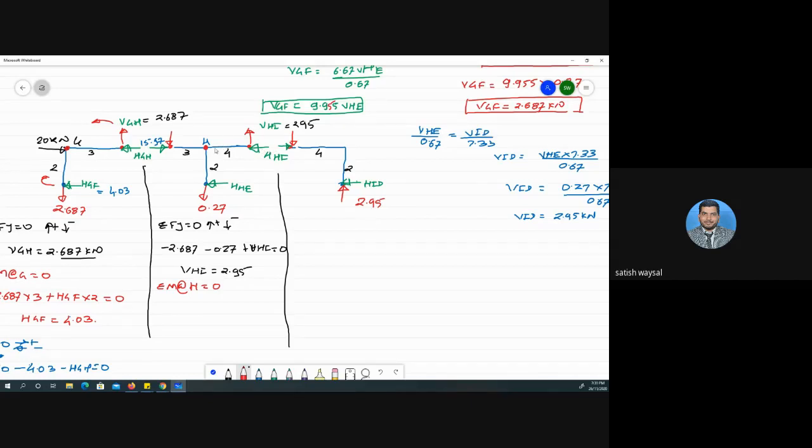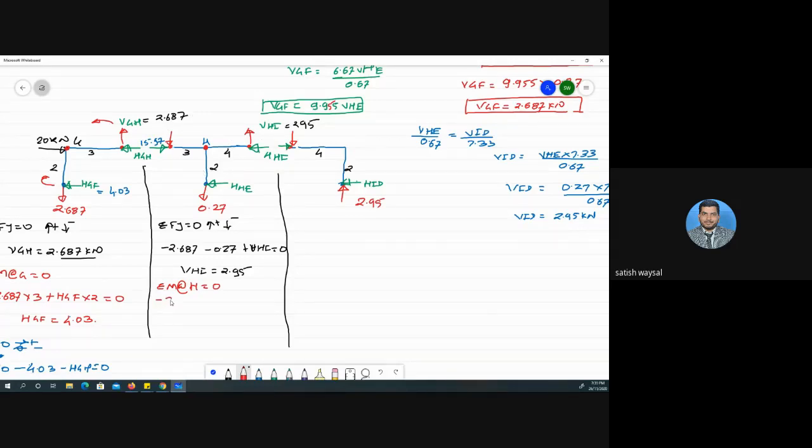This horizontal is also passing through the origin. This 0.27 kilonewton is also passing as an axial load through H, so it will not create any moment. So the moment creating forces are HGH and VGH, which will move in an anti-clockwise sense.